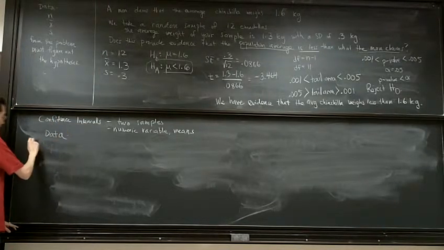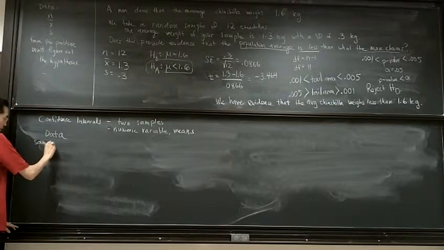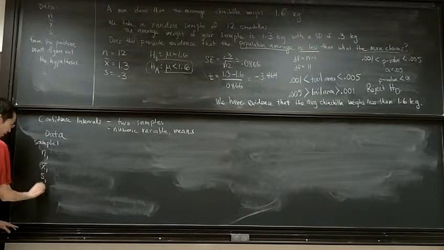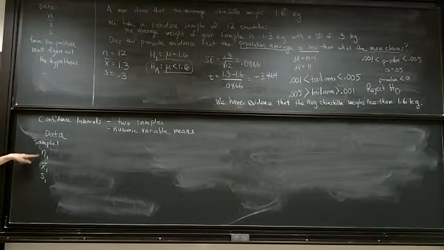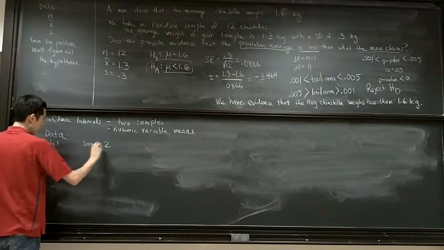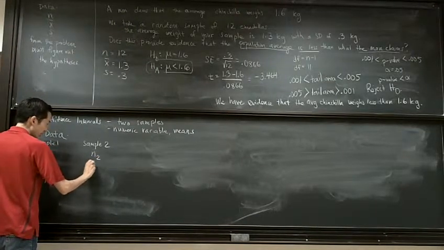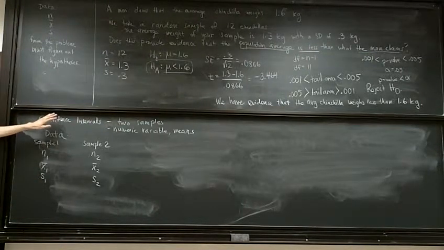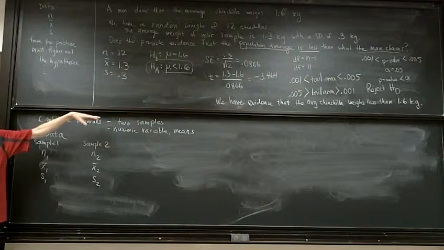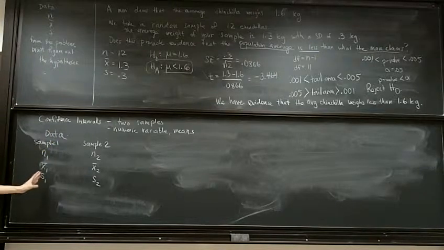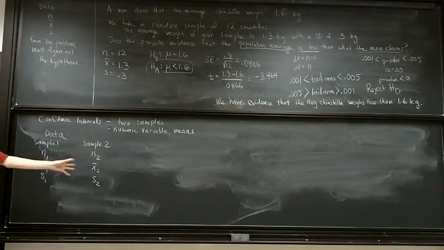Our data has sample 1, which will have n1, x bar 1, and s1. This just means the n, x bar, and s coming from sample 1. The other bits of data that you will need are basically the same thing from sample 2: n2, x bar 2, and s2. Again, once you figure out that you have 2 samples and you're dealing with numeric variables or means, it makes your life easier if you identify these pieces first, and then you go out and solve the problem.